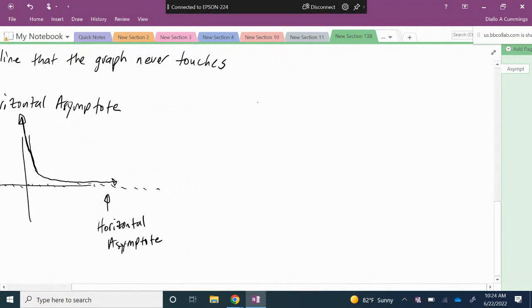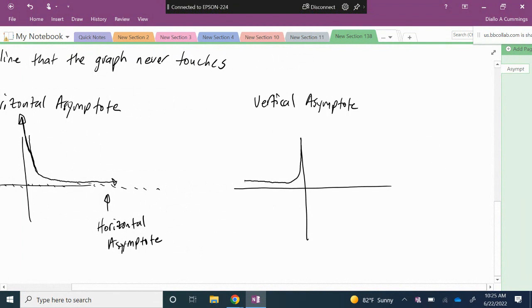Next, we're going to look at a vertical asymptote. Now these don't have any equations to them, but we're going to take a look at some equations in just a second.